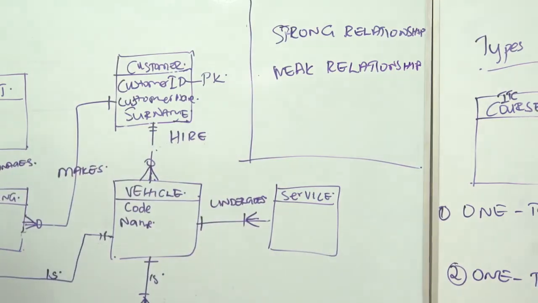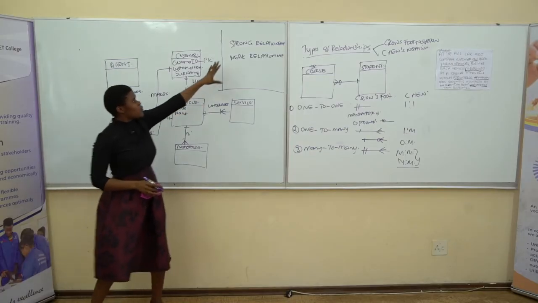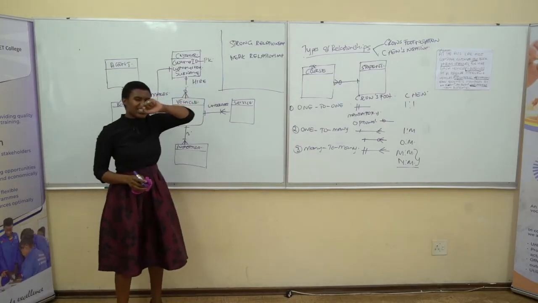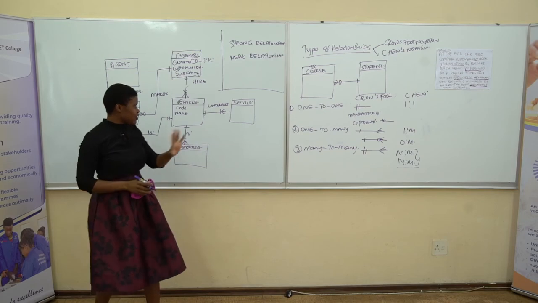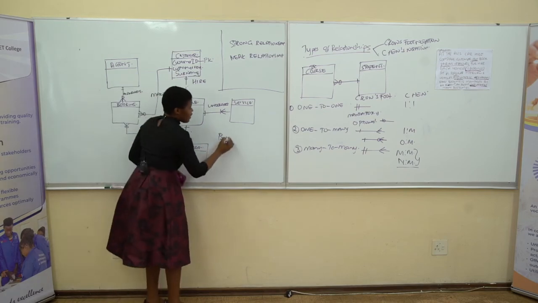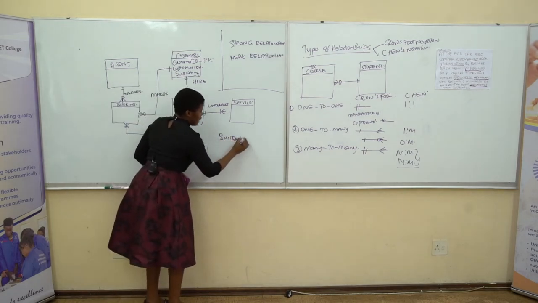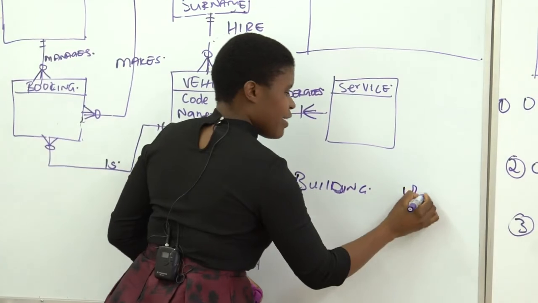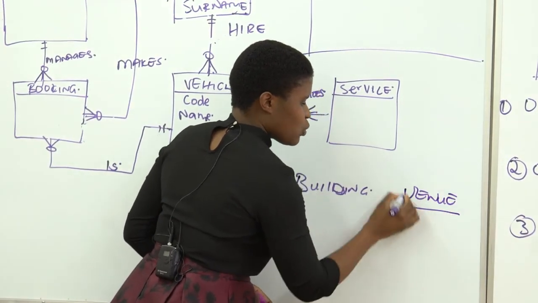Which entities have a strong, which one have a weak? A strong relationship is when an entity exists because of another entity. Just give a simple example. If you have a building and all of a sudden we have a venue. These are two entities.